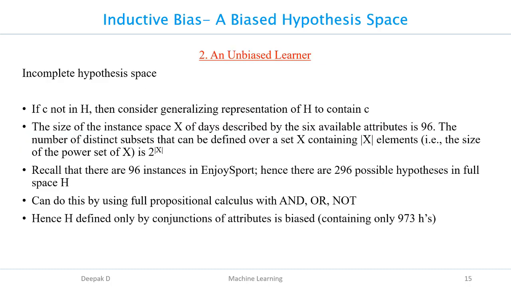So to address your second question, that is, the incomplete hypothesis space, the obvious solution to the problem of assuring that the target concept is in the hypothesis space is to provide a hypothesis space which is capable of representing every teachable concept, that is, capable of representing every possible subset of instances.